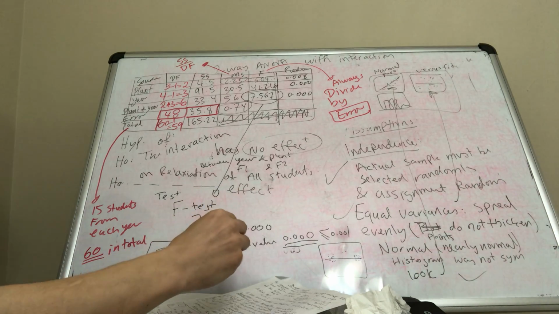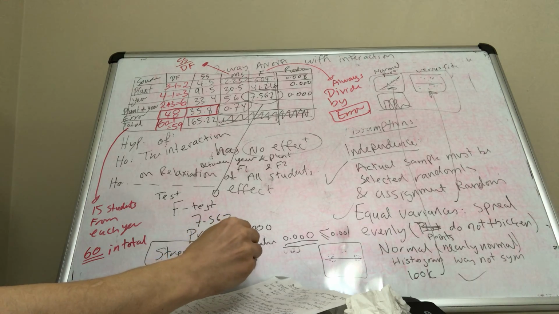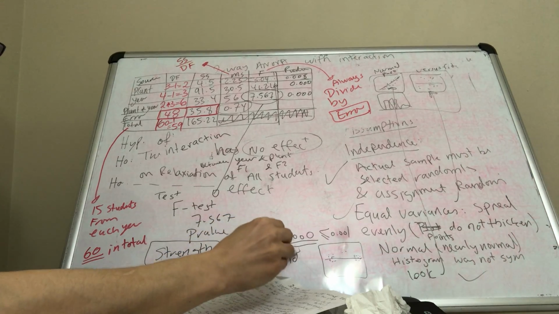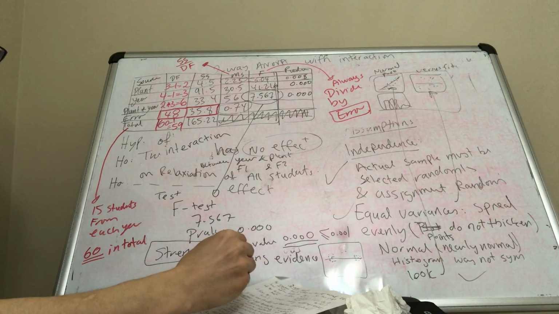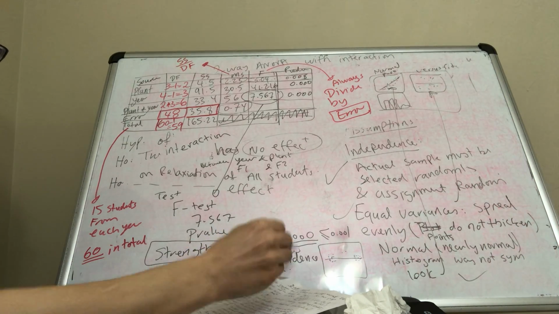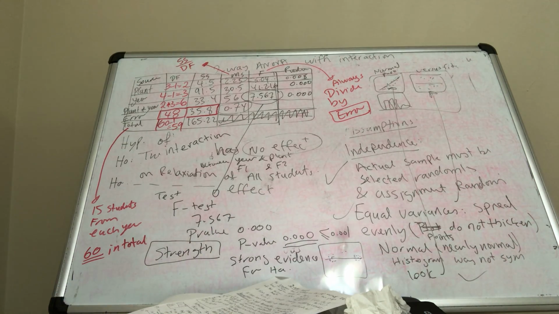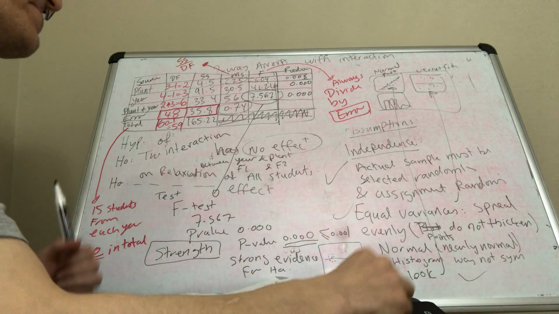So you have strong evidence for HA. And what's the conclusion in English?